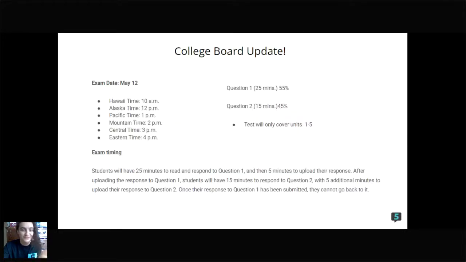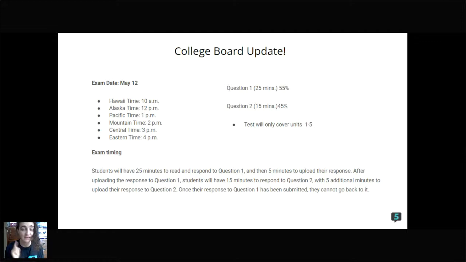It's very important to know your test is going to be on May 12th. We talked about that a lot. There are going to be 2 FRQs. I don't know if you guys know, but the College Board has been sending emails so you can confirm the date you're going to be taking the test.